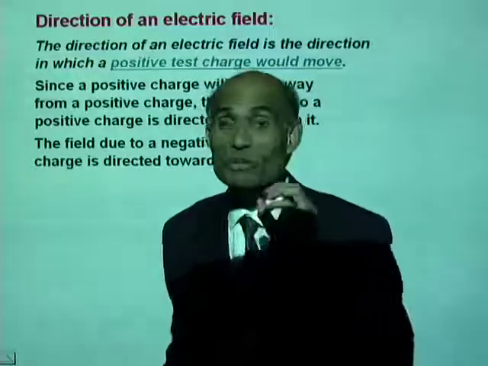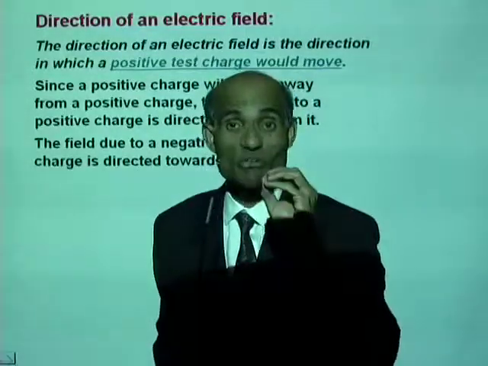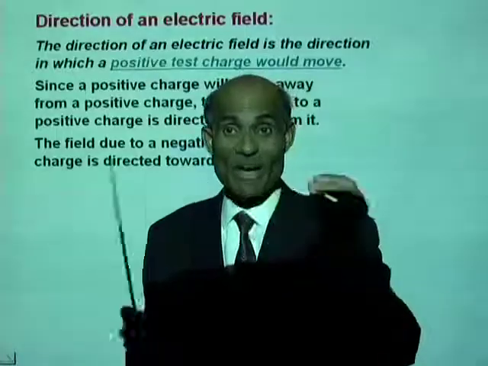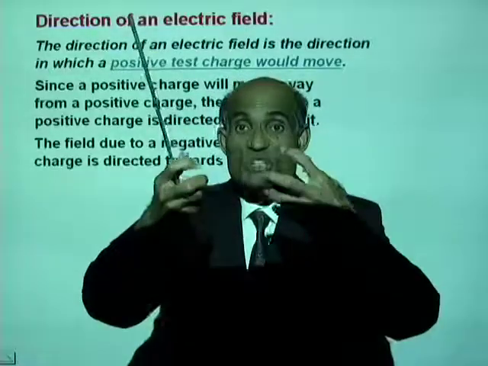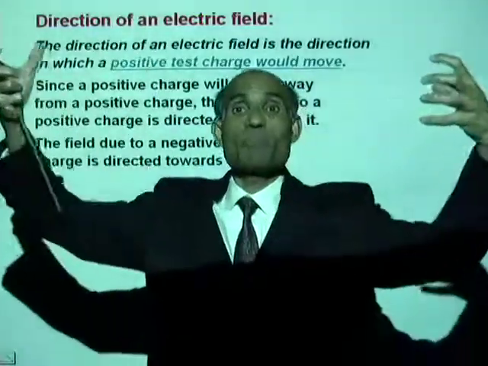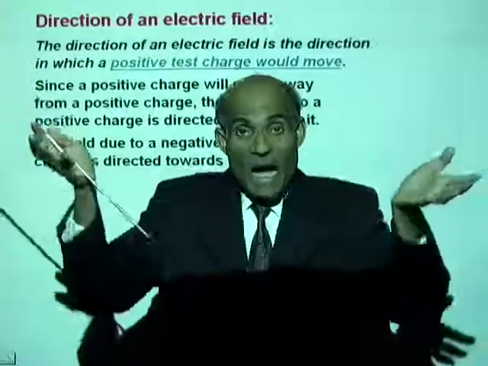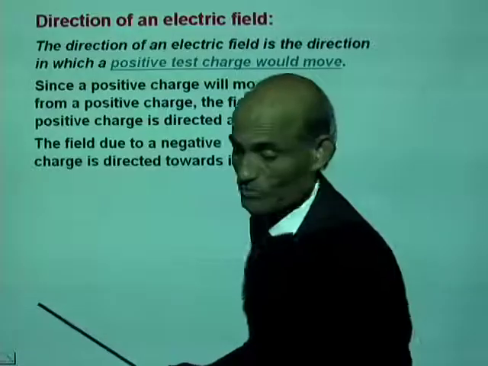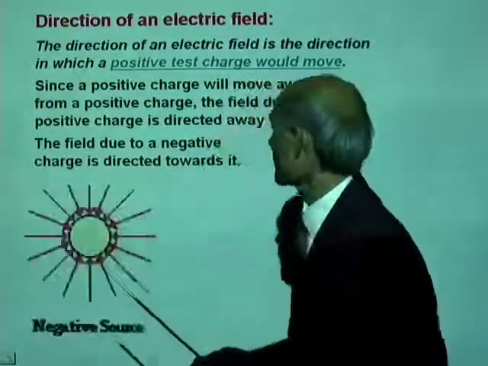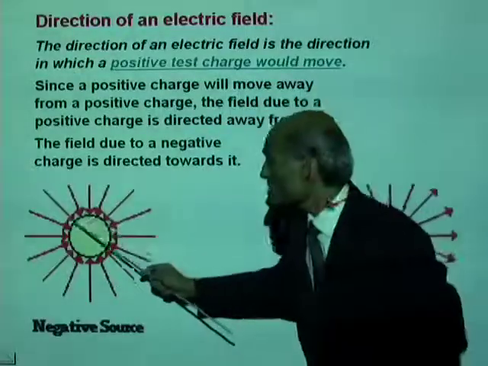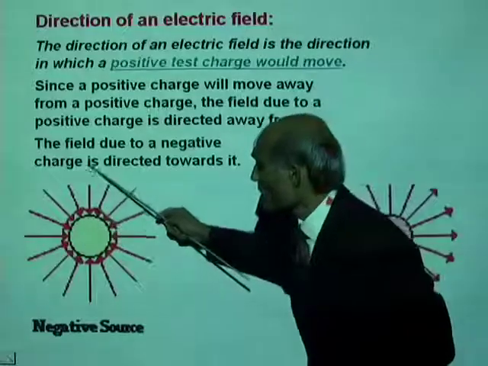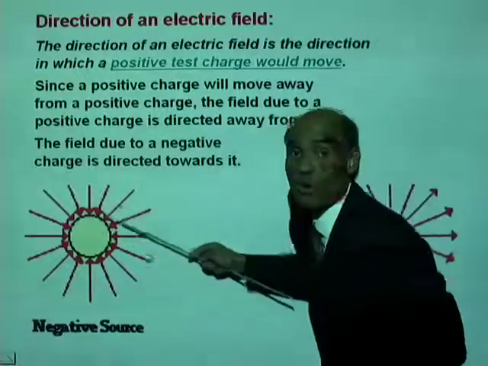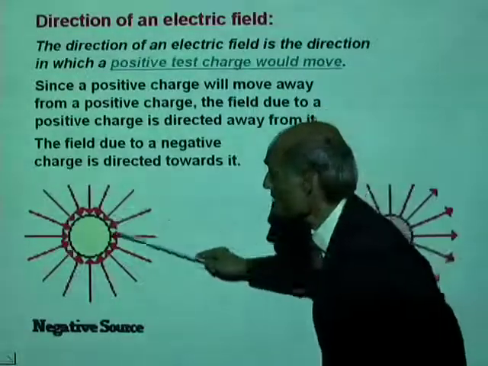So, the direction of the electric field is defined in such a way that the electric field is directed away from a positive charge and towards a negative charge. Let's illustrate that. Now, here I have illustrated that. Tell me, here you have electric field all directed towards it.